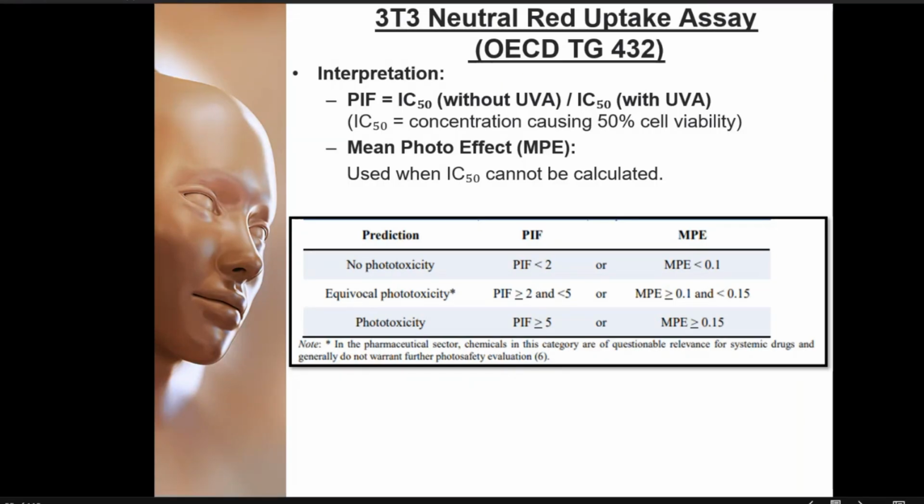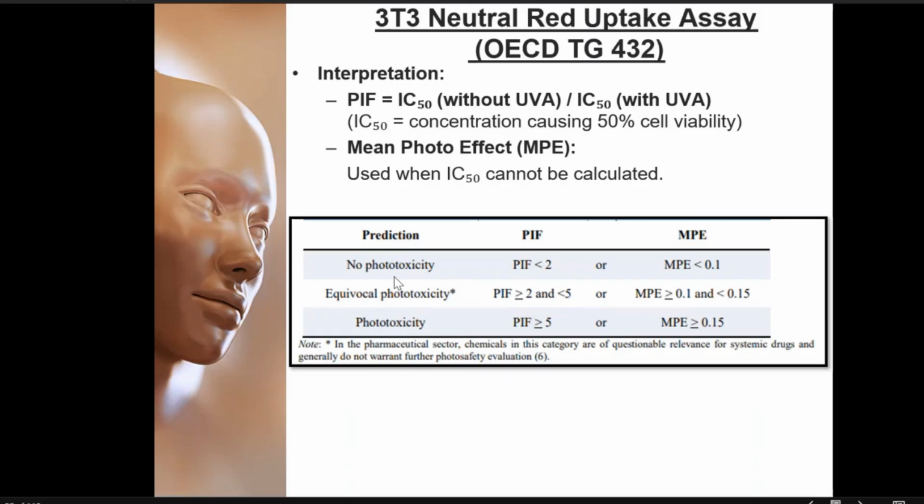So if you establish the IC50 in the study, then you have to use the PIF to interpret this test. If the IC50 is not established, then you have to use the MPE for interpretation of this test.